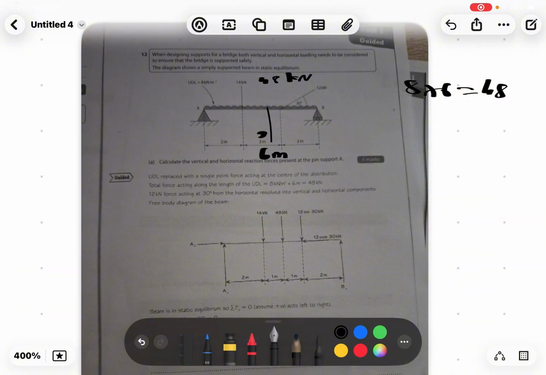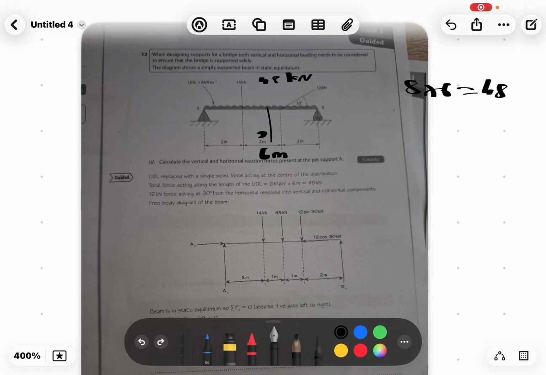After that, we have to resolve the 12 kilonewtons at an angle, so this. And what this basically means is sine for the vertical and cos for the horizontal. And then straight away, let's just do the vertical component, because that's the only vertical component we need to find out, because it's different from these ones.